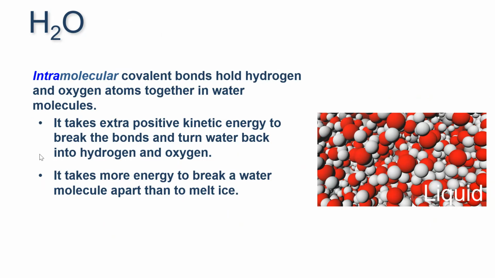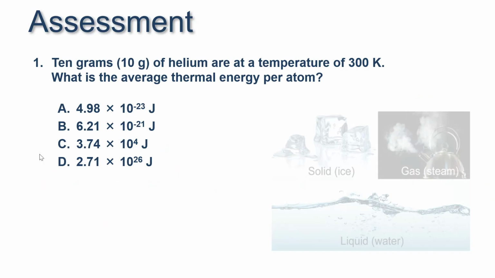All right. This is just kind of saying the same thing. Let's do an example. Write down this question. It says 10 grams of helium are at a temperature of 300 degrees Kelvin. What is the average thermal energy per atom?